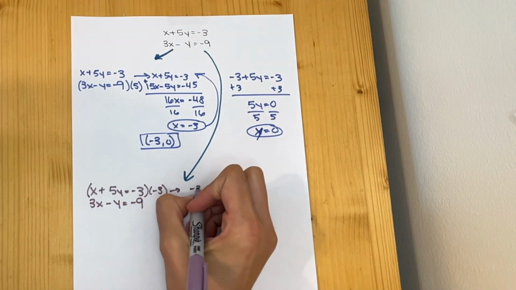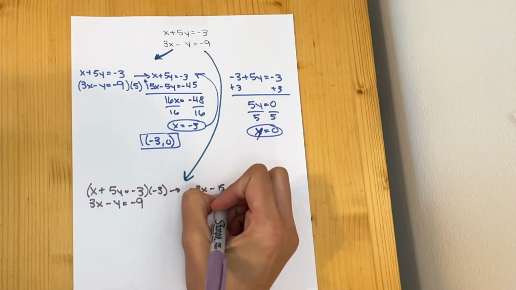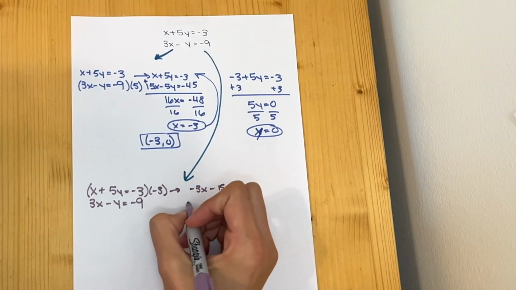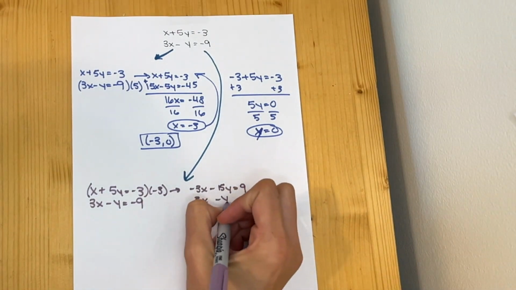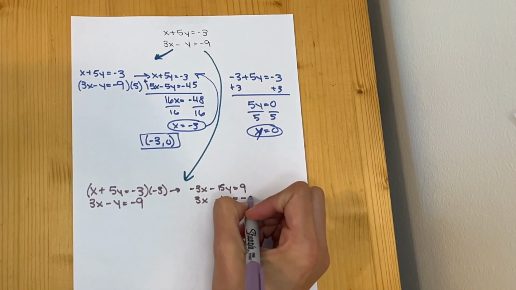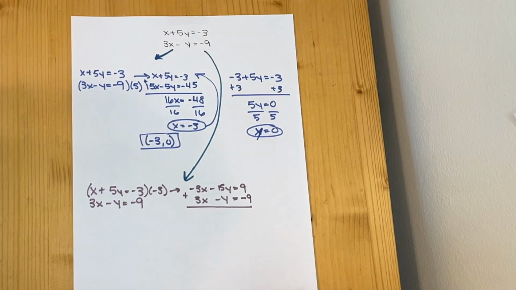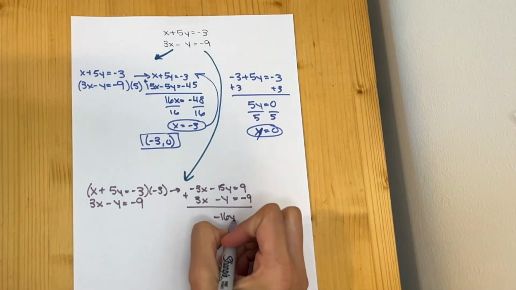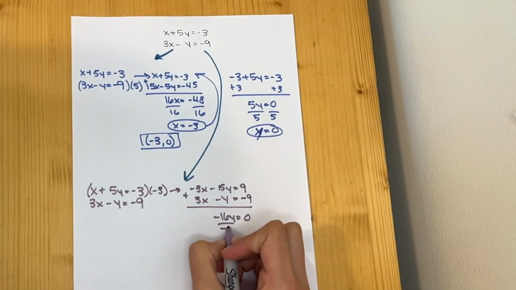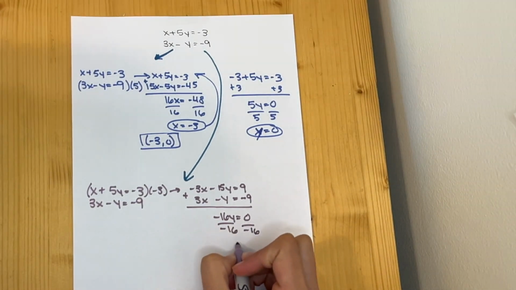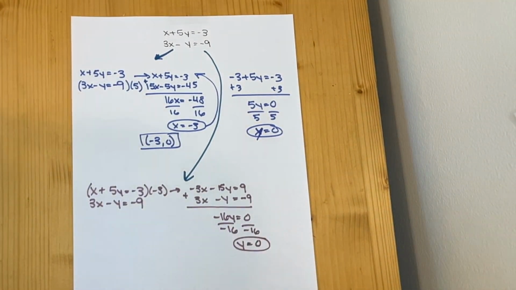Negative 3x minus 15y equals 9, and 3x minus y equals negative 9. Add those two together. The x's are eliminated. We get negative 16y equals 0, divided by negative 16, and we get y equals 0.